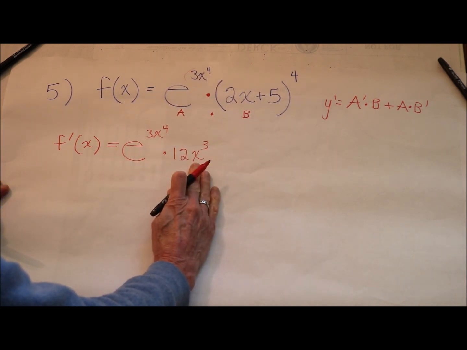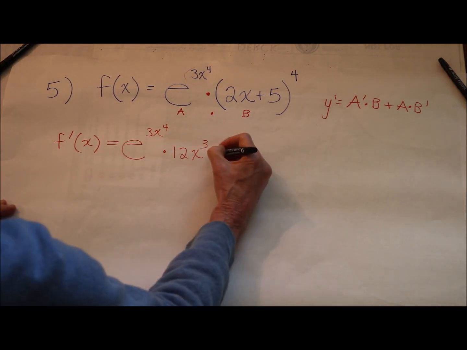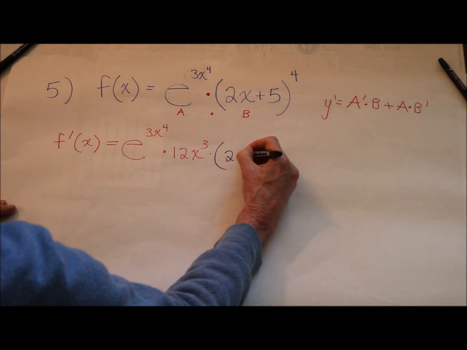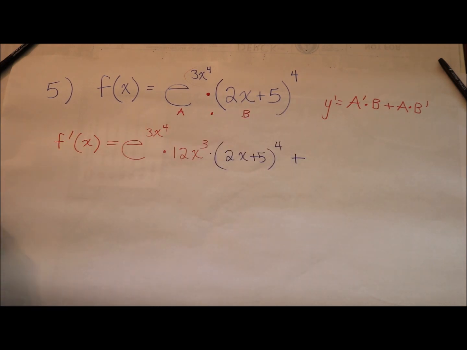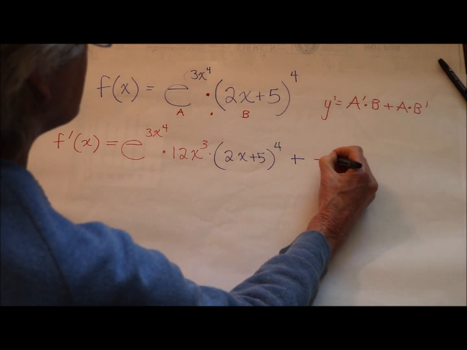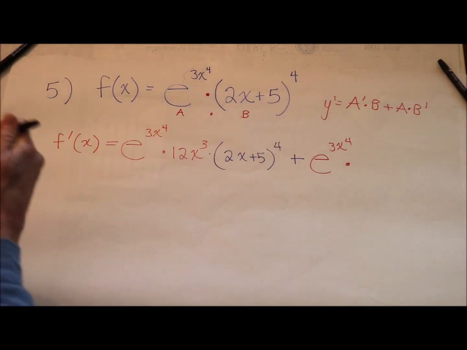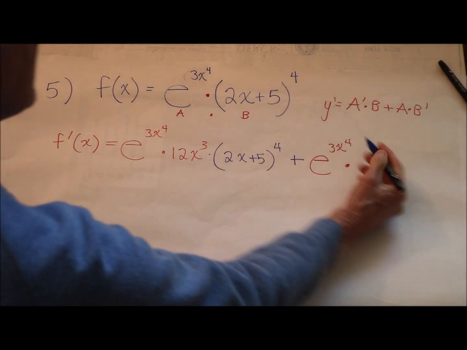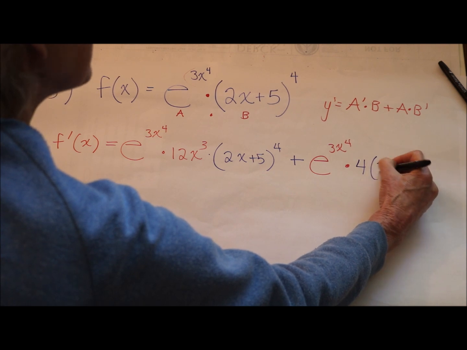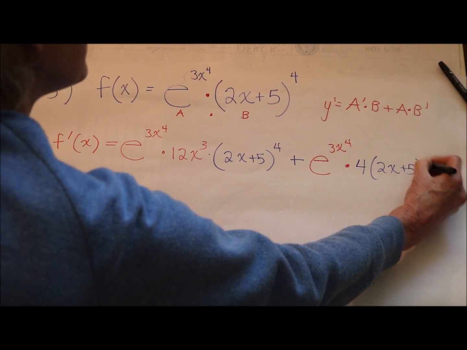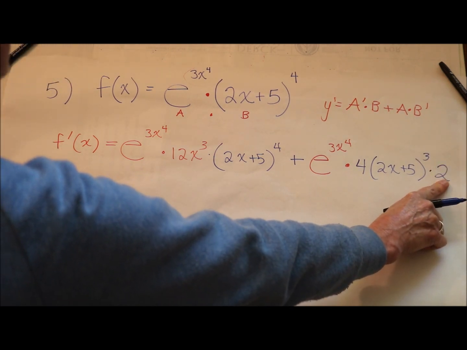So there's A prime times B, let's do color coding, as it is, plus A as it is, times B prime, the derivative of B. So this is going to be like a big power rule, 4 times that whole shebang to the 3rd, and then times the derivative of the inside. There's the chain rule piece.